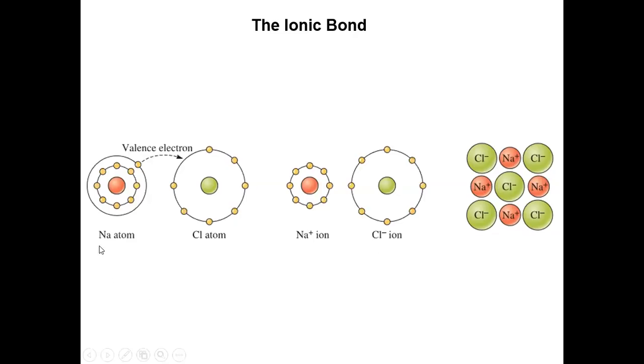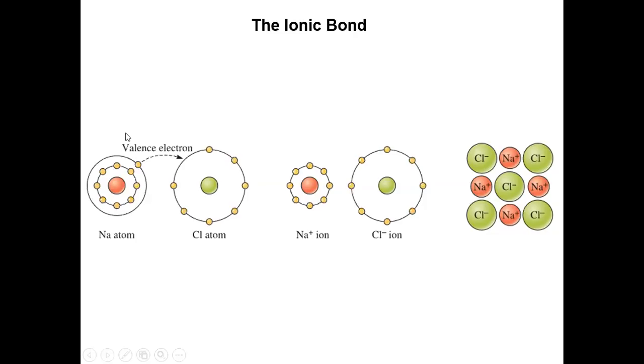right? So if sodium gives 1 electron away completely, it will have a positive charge. We now call this a sodium ion, right? Once chlorine receives that electron, it will have a net negative charge. We call it a chlorine ion, right?